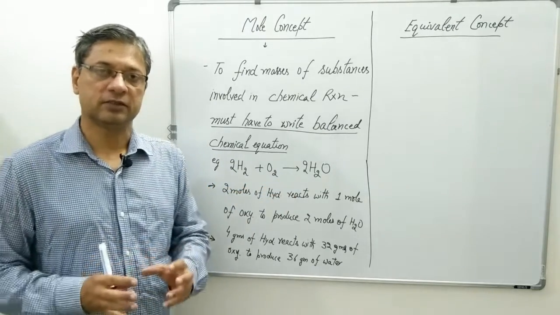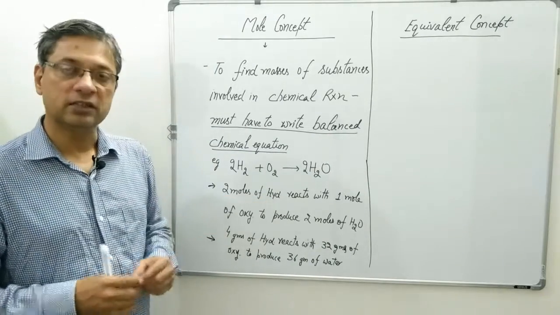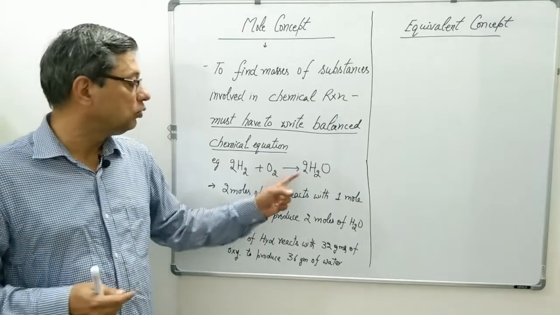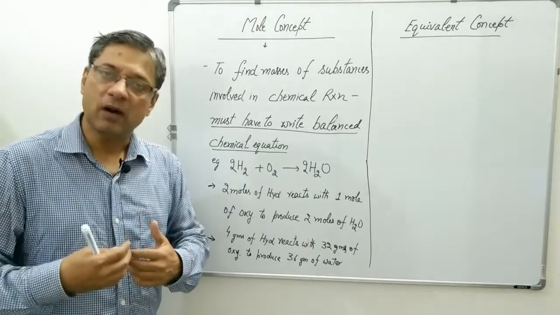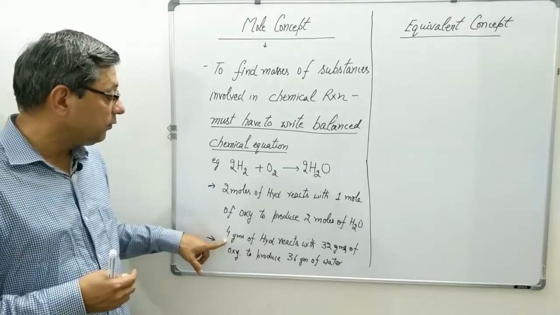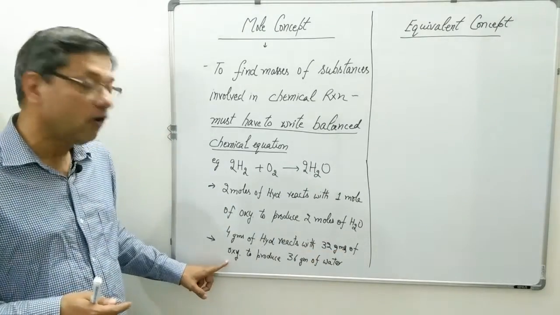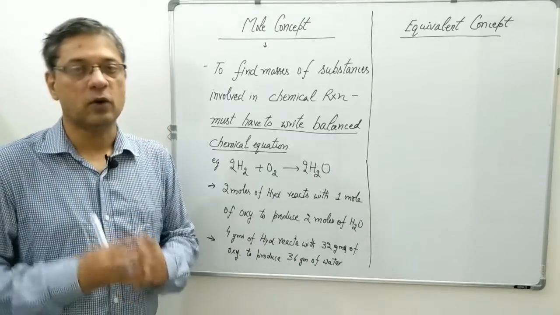Taking the coefficients of this chemical equation, we say 2 moles of hydrogen reacts with 1 mole of oxygen to produce 2 moles of water. Moles can be converted into mass, and therefore we can write 4 grams of hydrogen react with 32 grams of oxygen to produce 36 grams of water.